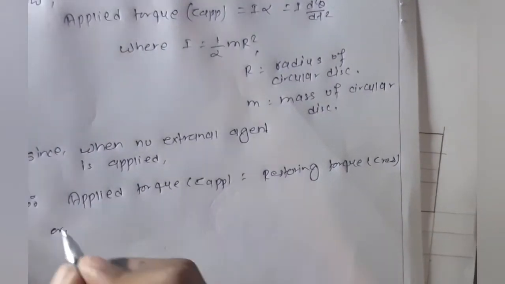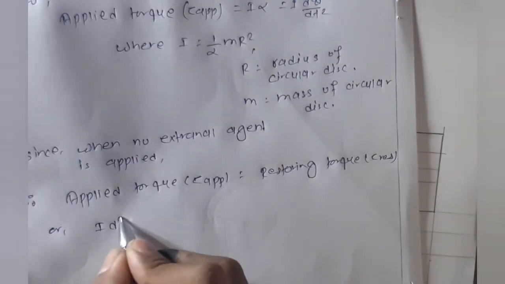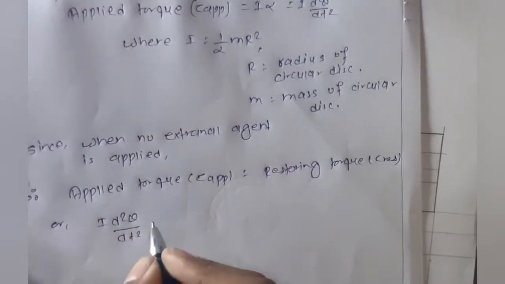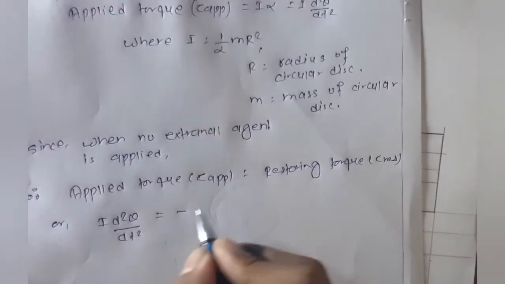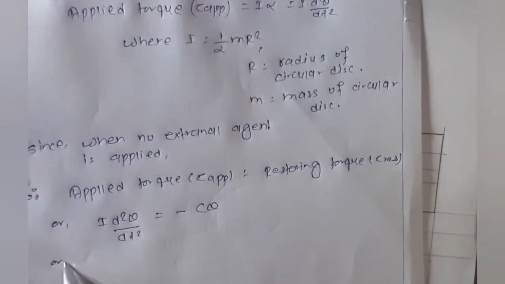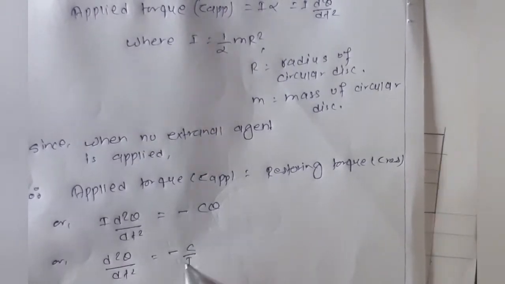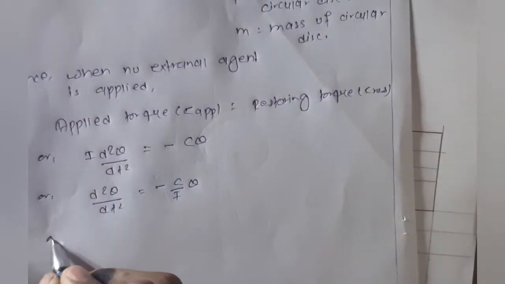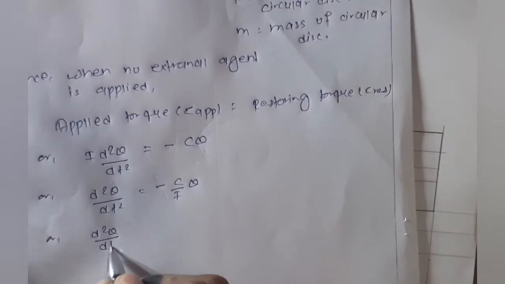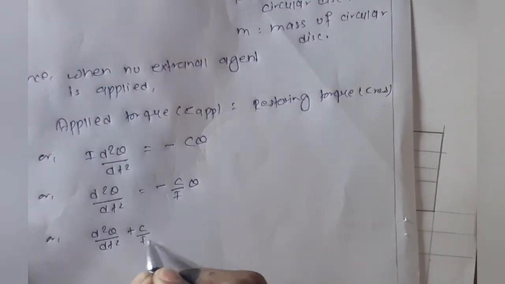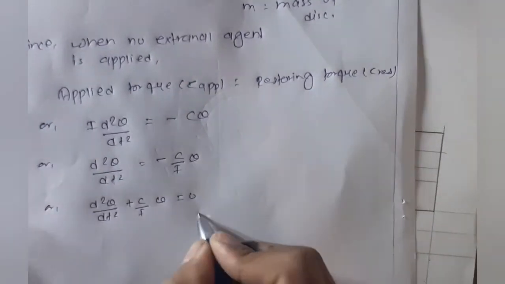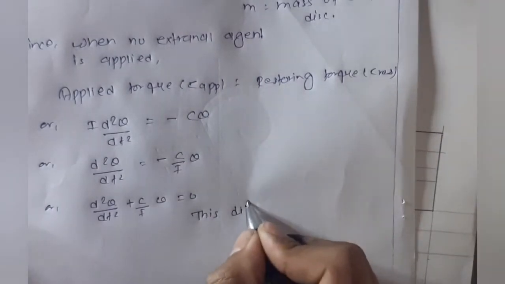That is, I d square theta by dt square is equal to minus c theta. So d square theta by dt square is equal to minus c by I theta, or d square theta by dt square plus c by I theta is equal to 0.